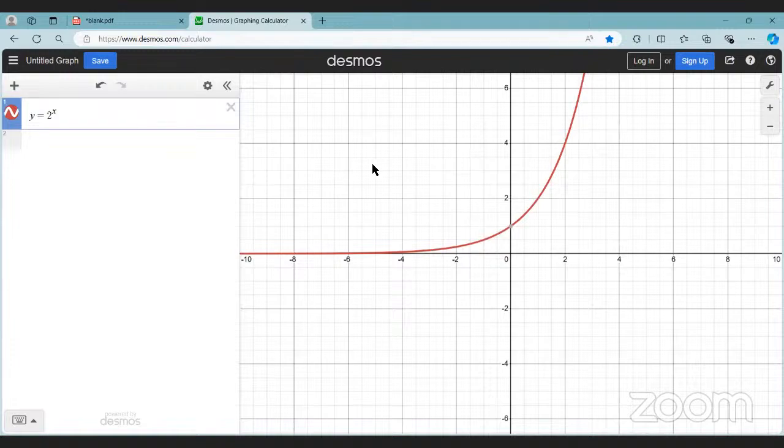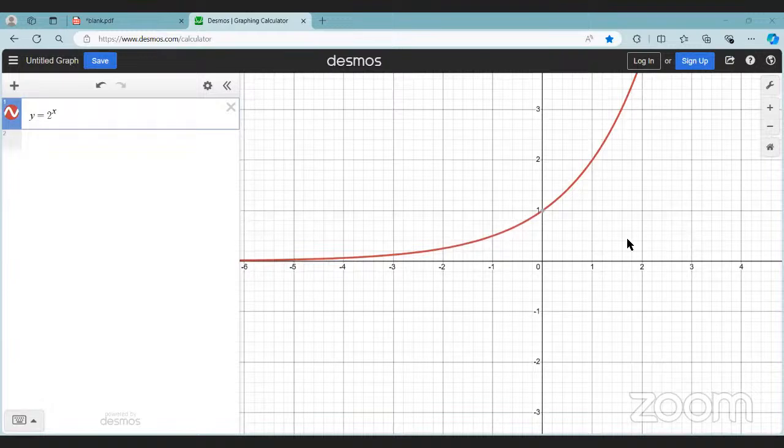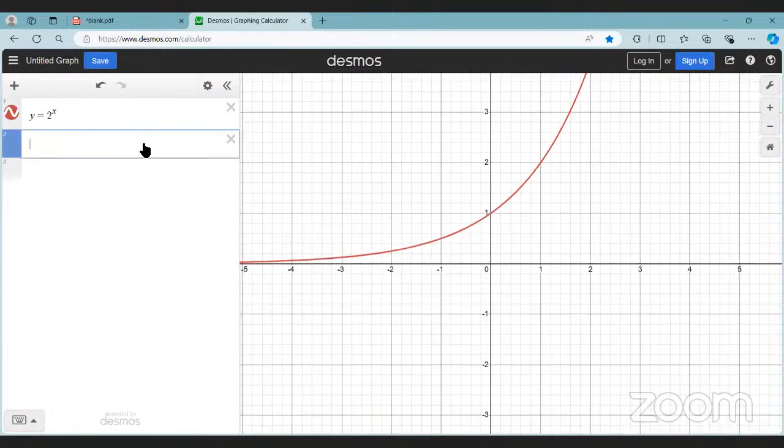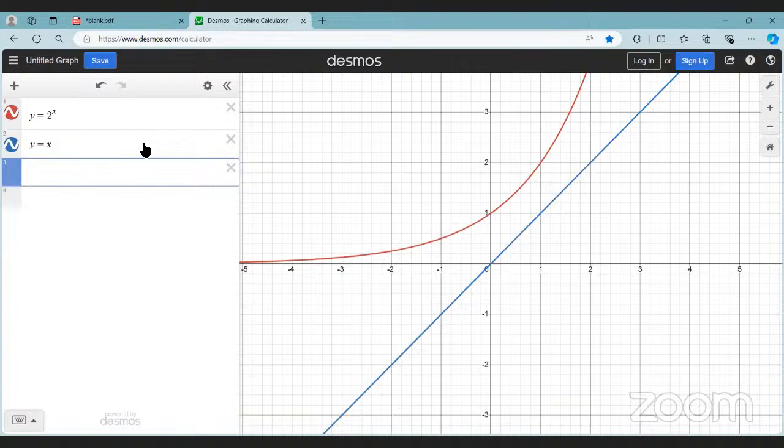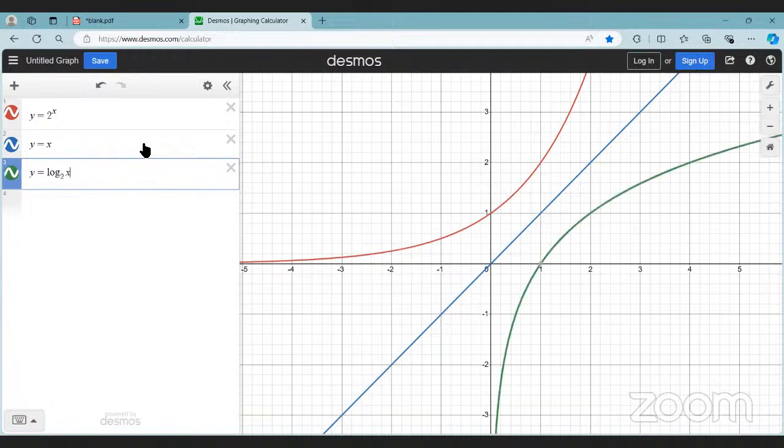Let me zoom. Now if I draw the line y equals x, then this is the line. The inverse of this graph should be the reflection of this red graph about this blue line. So if I draw y equals log base 2 of x, this is the graph of log base 2 of x.